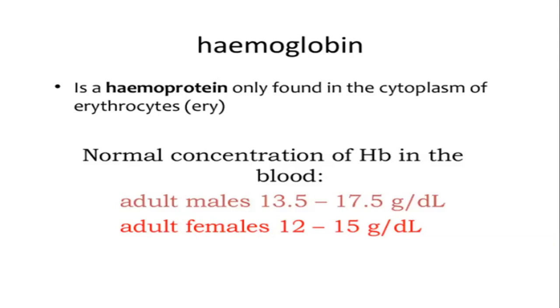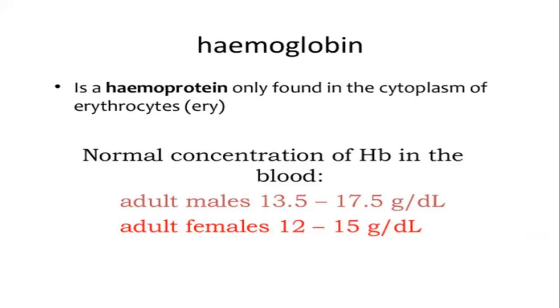Now, ladies and gentlemen, it suffices for me to mention that hemoglobin ranges or values vary from one generation to another generation. It may vary from one geographical area to another geographical area. It may vary from one age group to another, one sex to another, one race to another.